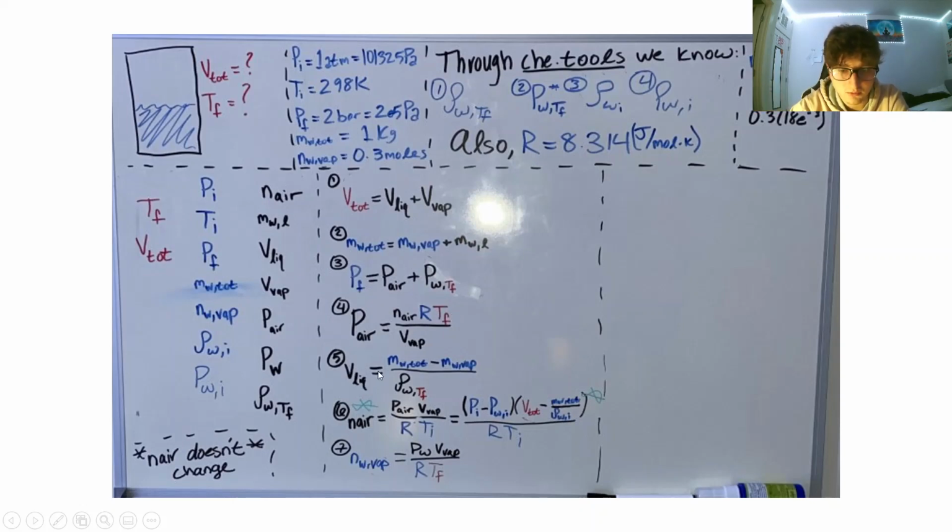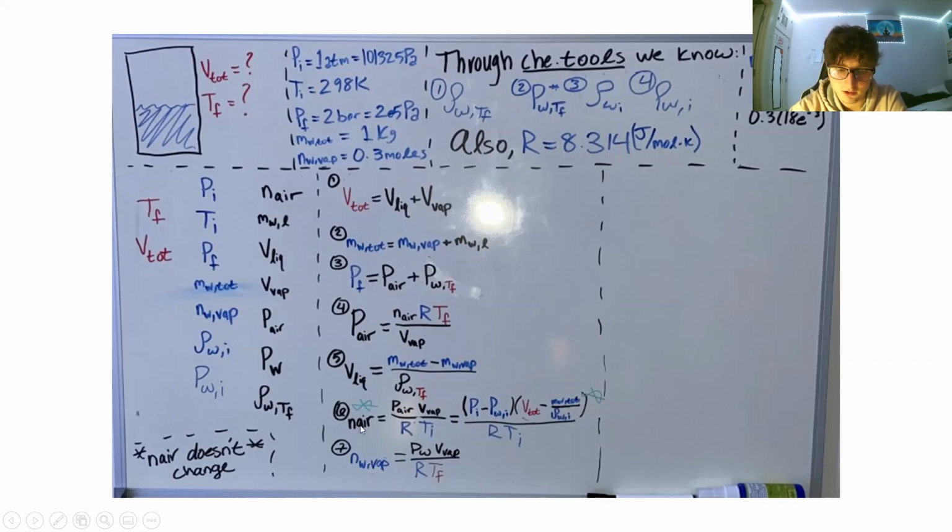The volume of the liquid equals the total mass of the water minus the mass of the water vapor, over rho W at the final temperature. So the mass of the liquid over the final density of the water gives you the volume.